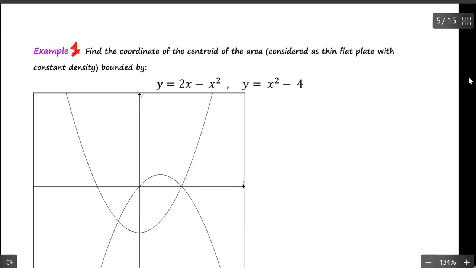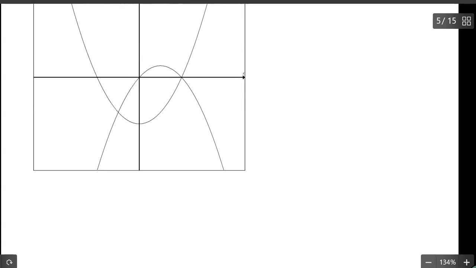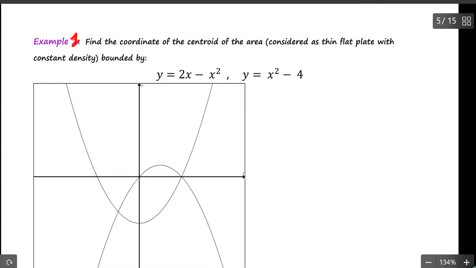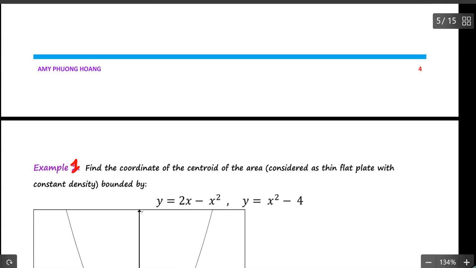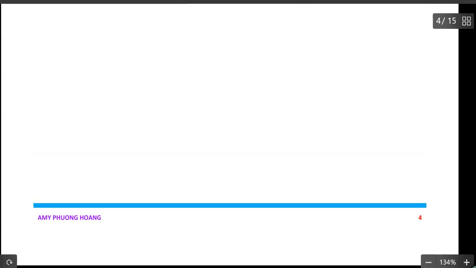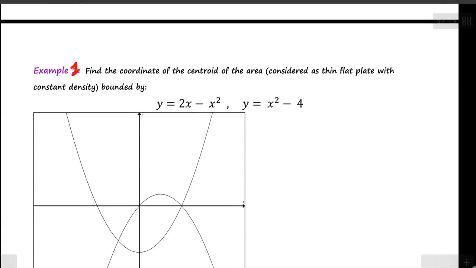I will work with this example in the next video, because I only have 30 minutes for each video and I don't want to go past the time. This example will take me a while to complete, finding both the x ordinate and the y ordinate.